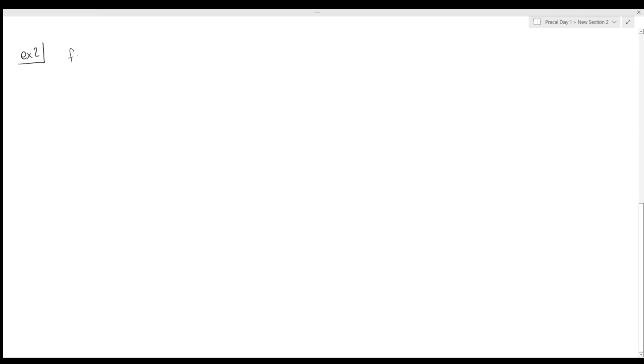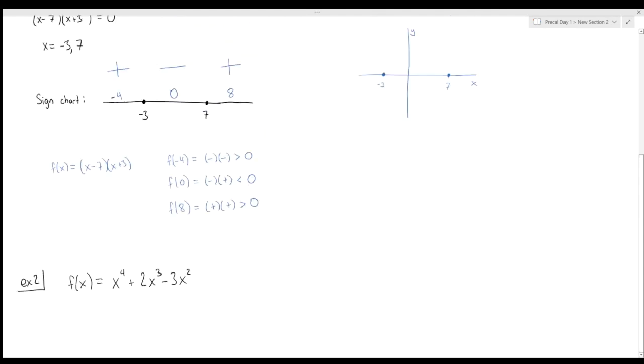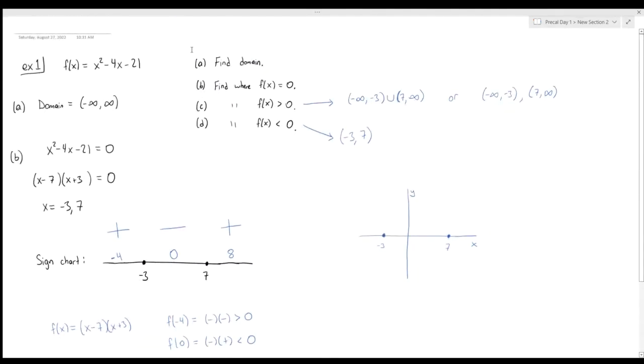Okay, so let's consider the function f of x. We'll do x to the 4th power plus 2x cubed minus 3x squared. Okay. And we'll have the same set of instructions. So let me scroll back up real quick.